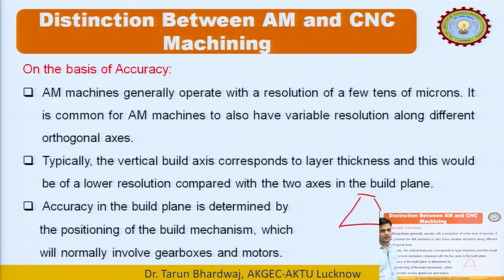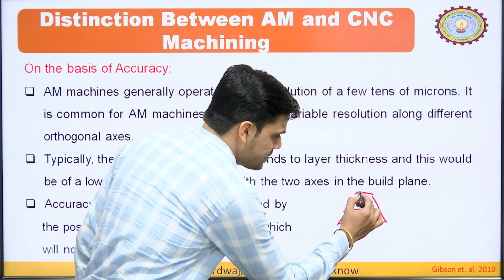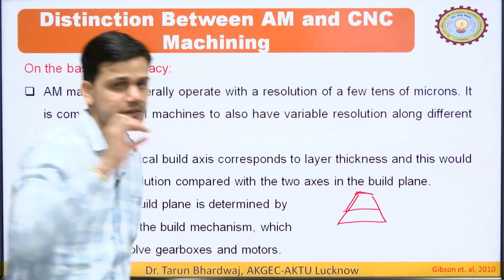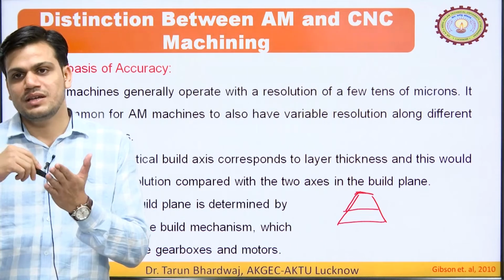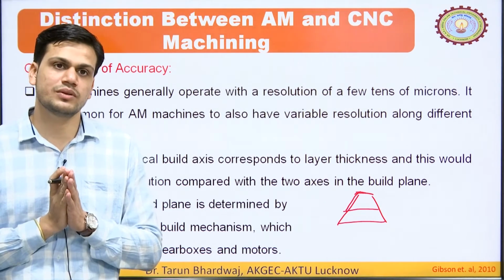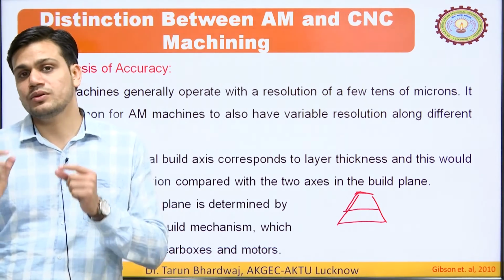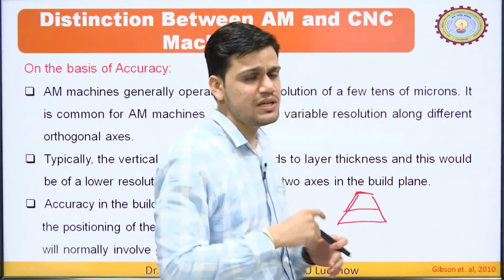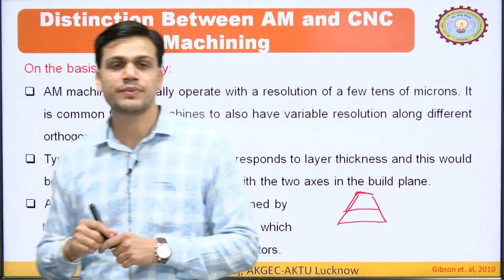So when you take a very high layer thickness, then what actually happens over here is that the staircasing, the stairs, are very high for that particular product, and when we talk about the lower layer thickness, the stairs are very less. So the accuracy for the lower layer thickness is very high compared to the high layer thickness.